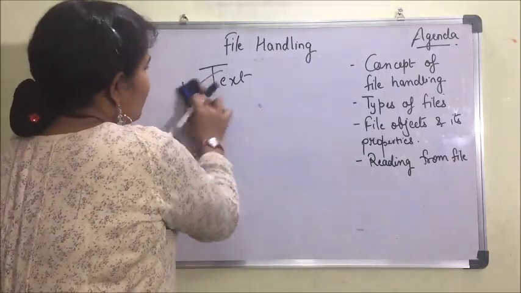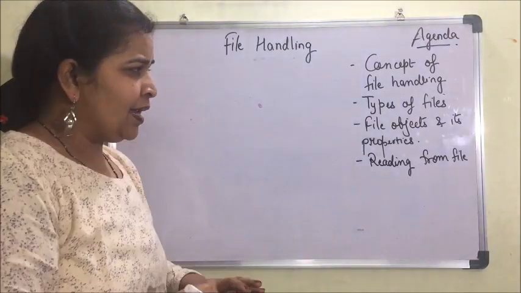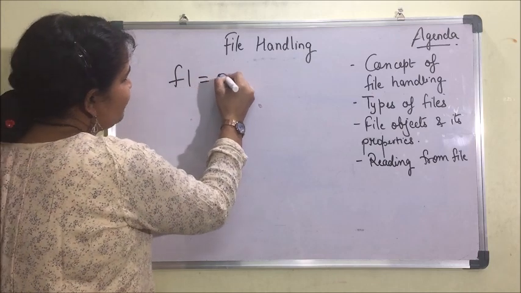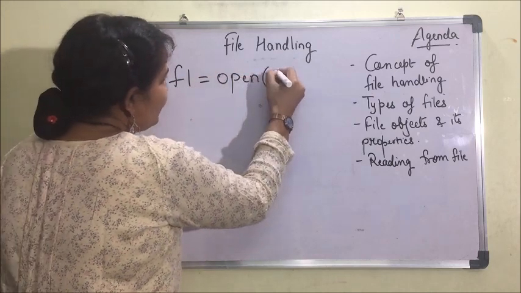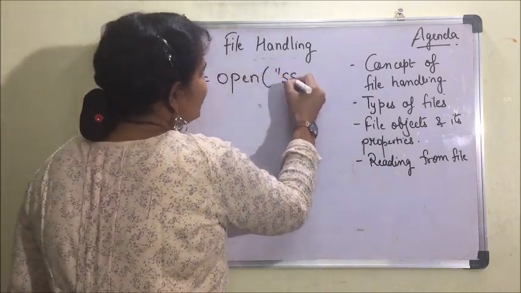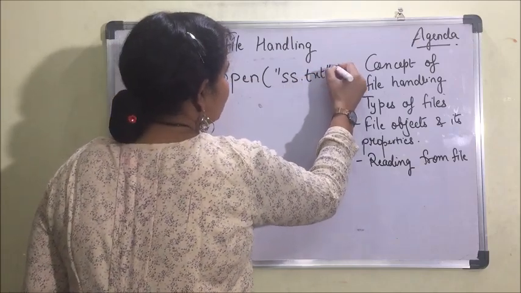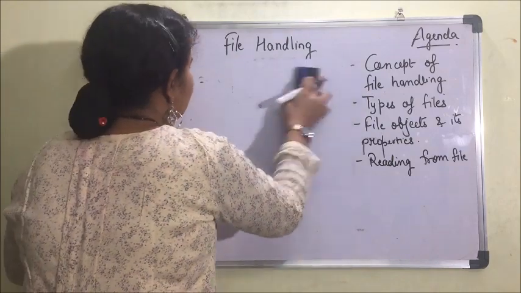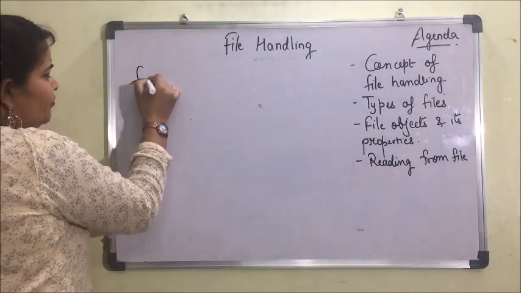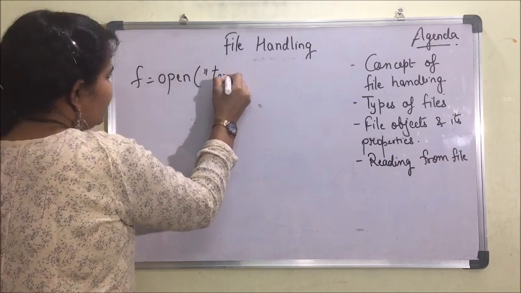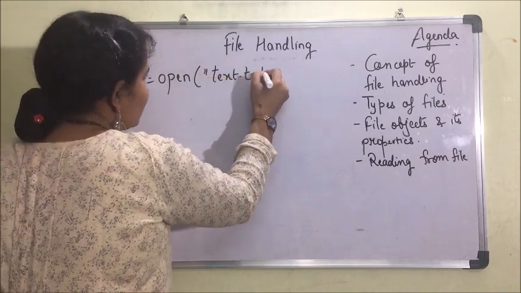So to use a file, the syntax is F1 is equal to open, then the name of the file and the mode. I'll write again: F is equal to open text.txt.